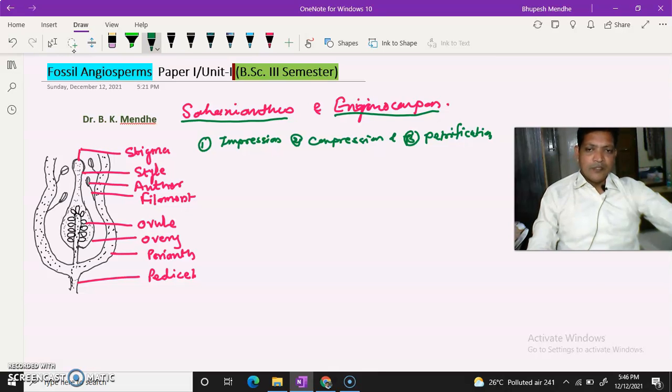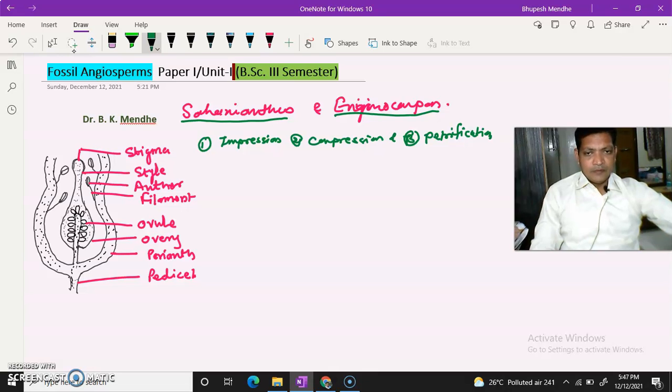So using fossils, we can trace the possible time of origin of a particular plant group, the possible place of their origin, and their possible ancestor.